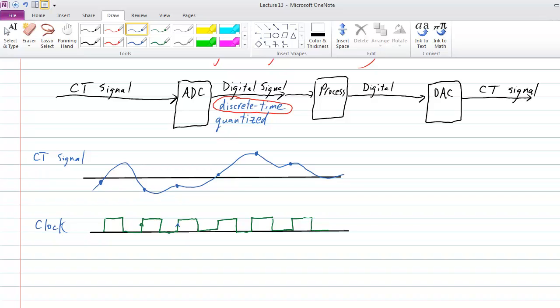Now the output then is just a sequence of numbers, which we can think of as a discrete time signal. And this is what gets saved. All right, so there's your discrete time signal.